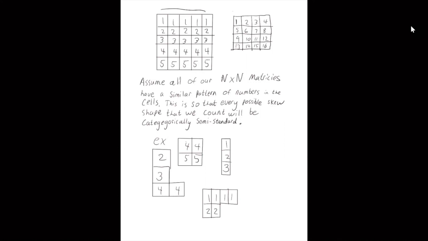When we make our cuts in this matrix, every cut we make will be a semi-standard skew shape. Weakly increasing rows, strongly increasing columns. This could be a skew shape right here. This could be a skew shape.